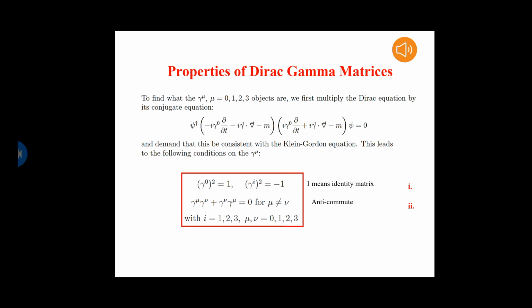This leads to the following conditions on gamma mu. Here the first property is that gamma naught squared is equal to 1, and gamma i squared is equal to minus 1, and gamma mu gamma nu plus gamma nu gamma mu is equal to 0 for mu not equal to nu, where i is equal to 1, 2, 3 and mu, nu are equal to 0, 1, 2, 3. This is called properties of Dirac gamma matrices.